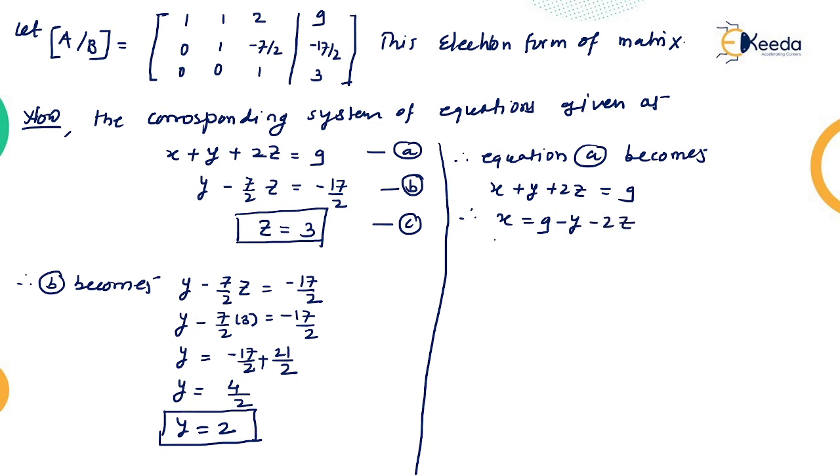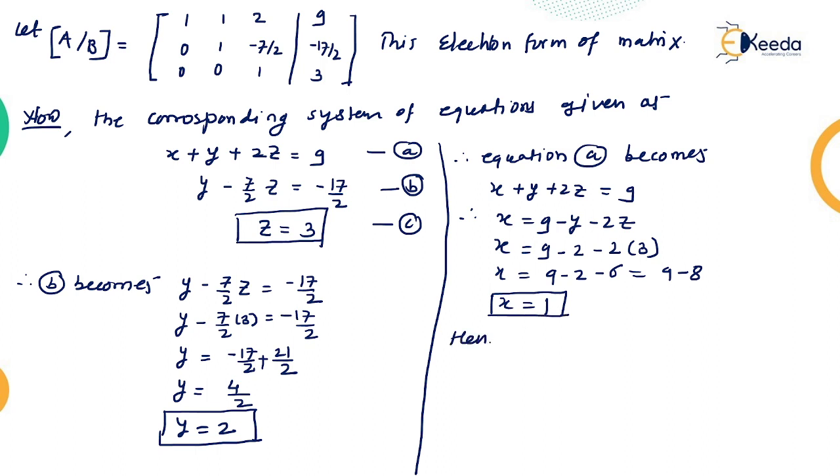Putting the values, x is equal to 9 minus the value of y, 2, minus 2 into the value of z, 3. So x is equal to 9 minus 2 minus 6, that is 9 minus 8. Therefore x is equal to 1.